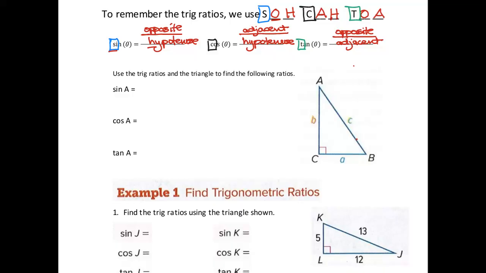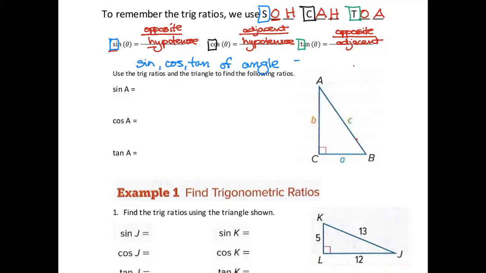All right, so it says in the first example, use the trig ratios and the triangle to find the ratios. So we are talking about finding the sine, the cosine, and the tangent of an angle. You are finding the sine, cosine, and tangent of an angle.